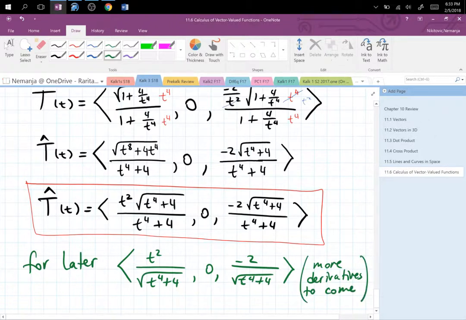So more derivatives to come, right? But for now, we leave it at the red, right? You don't have any square roots in the denominator. Everything is rationalized. Everyone's happy. And we move along.